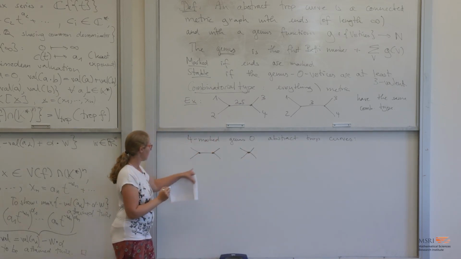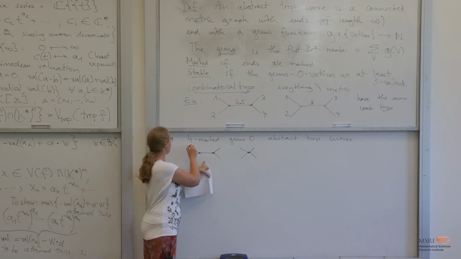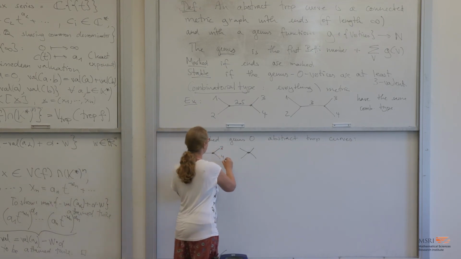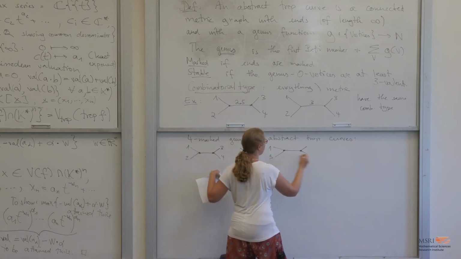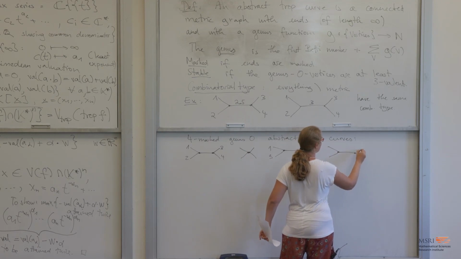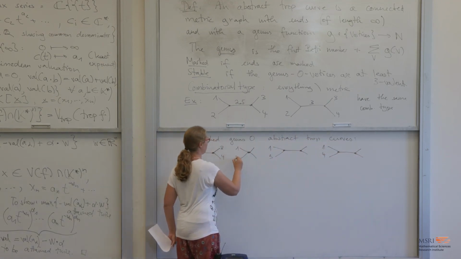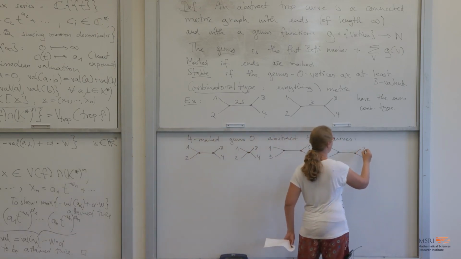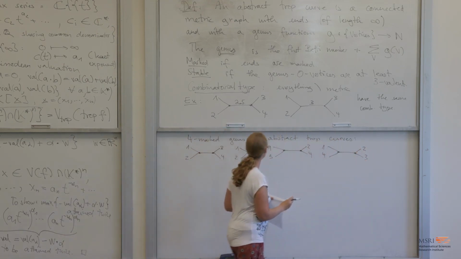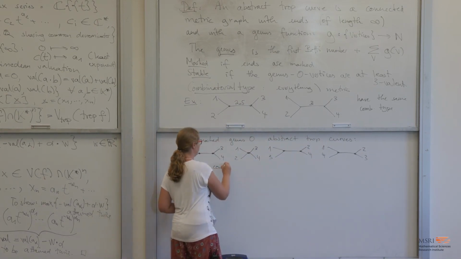If the picture looks like this, I have 3 possible ways to mark, right? I can have 1 with 2, or I can have 1 with 3, or I can have 1 with 4. Okay, let me just complete the remaining markings, 2, 4 here, 2, 3 here, and then these are all combinatorial types for this situation.